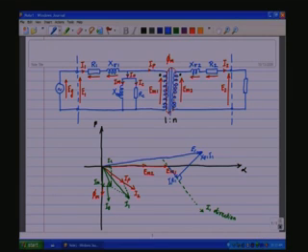Now, let us take the current I2 and from the tip of EM2, let us draw an axis which is parallel to I2. So, this is I2 and we have an axis which is parallel to I2, and this is called the I2 direction.